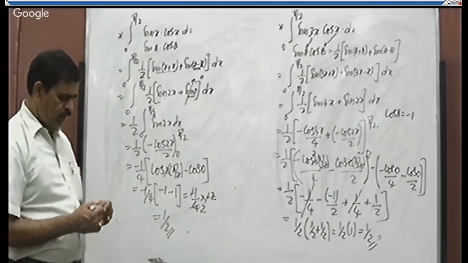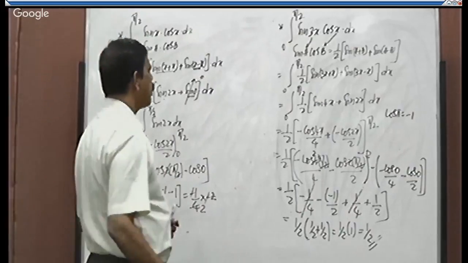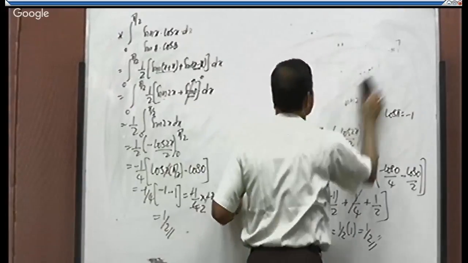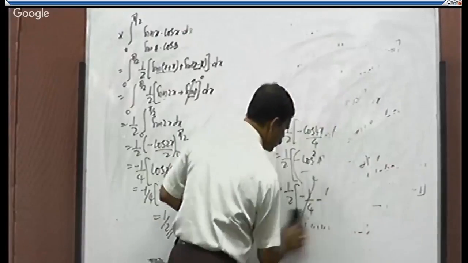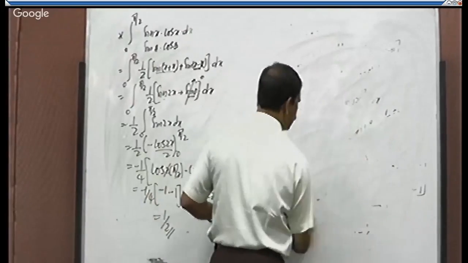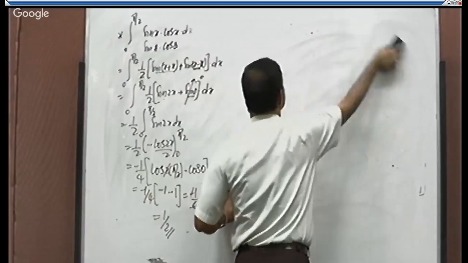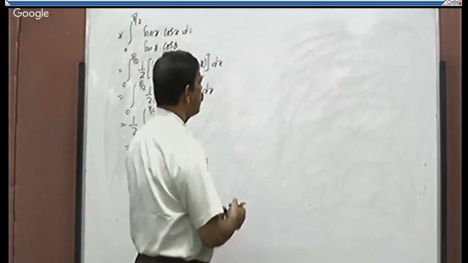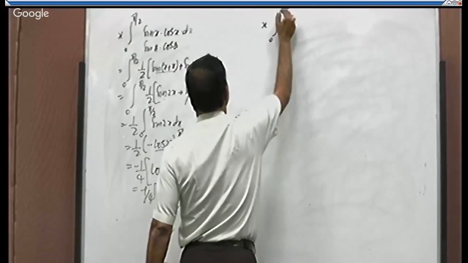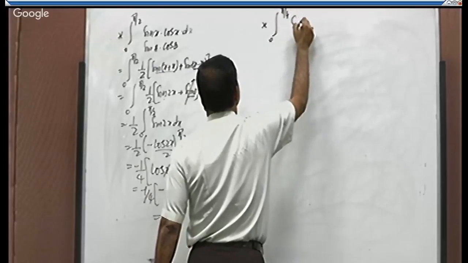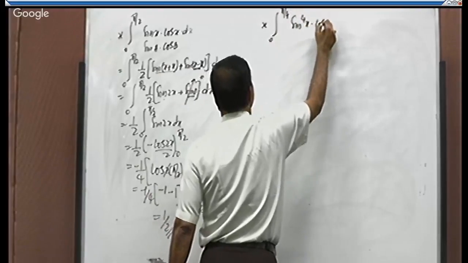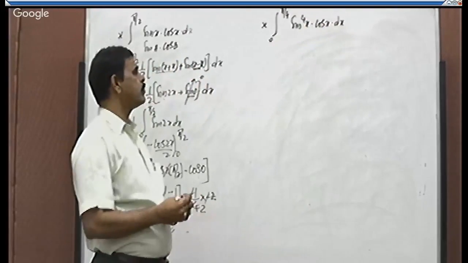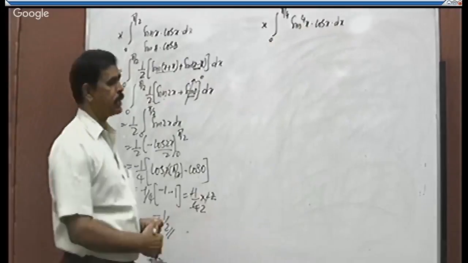So like that, you can have different problems on the direct substitution method. Next, substitution method when the function and its derivatives are given. Integral from zero to pi by 4 of sin to the power of 4x into cos x dx.